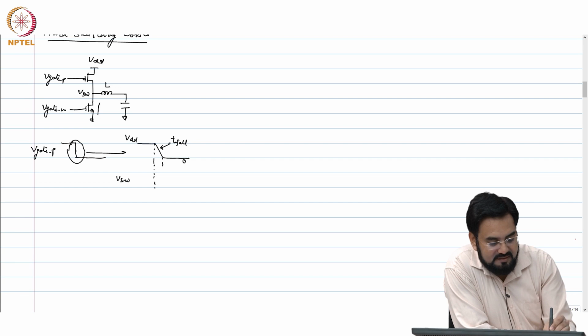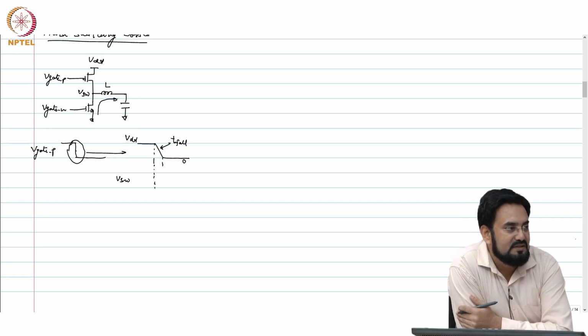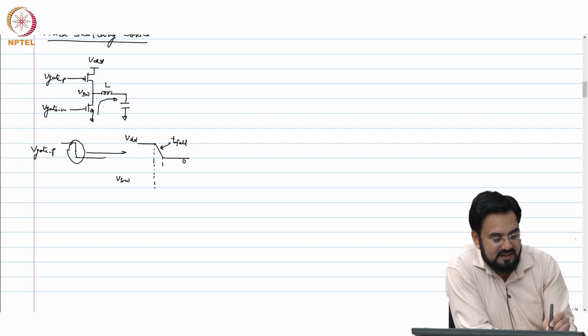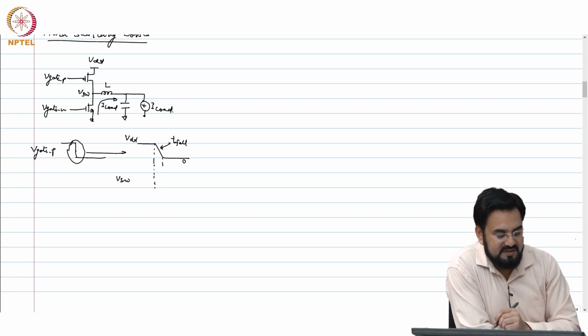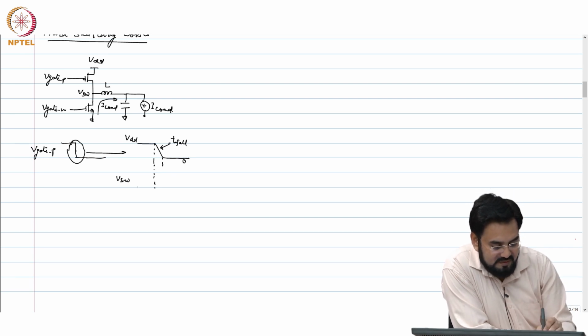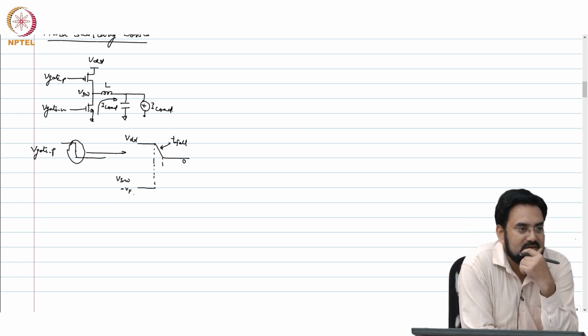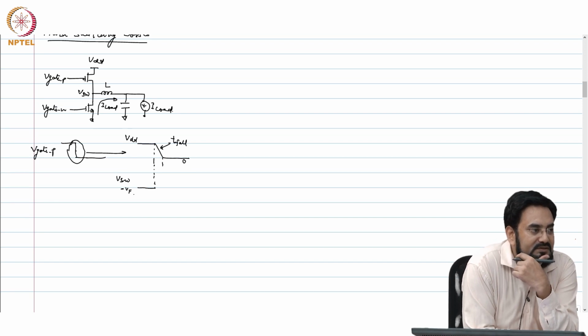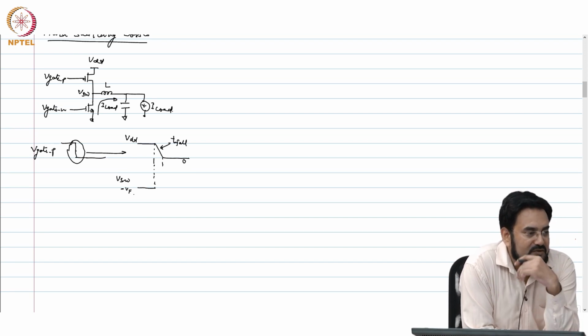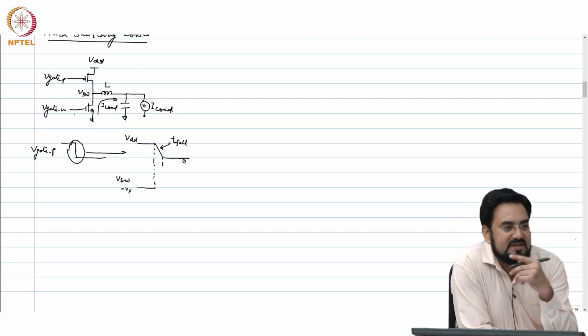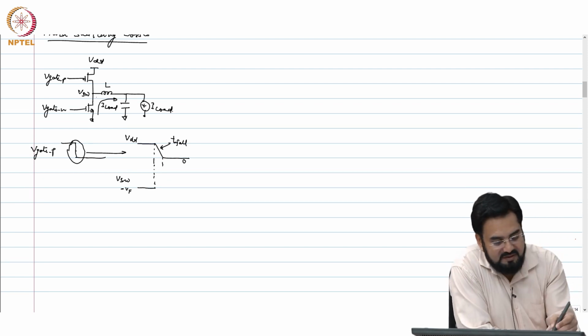Current is flowing into this, and this current, just ignoring ripple, is your I load, and VSW at that time is minus Vf, the forward voltage of the body diode. So, unless you reverse bias this diode, VSW will not rise.